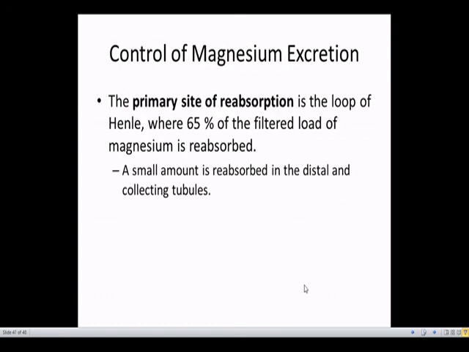The primary site of reabsorption is the loop of Henle, where 65% of the filtered load of magnesium is reabsorbed. A small amount is reabsorbed in the distal and collecting tubules.